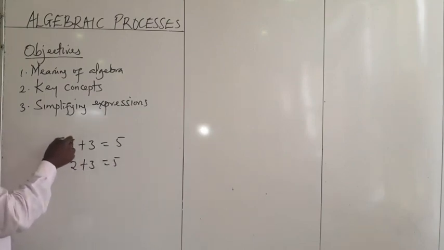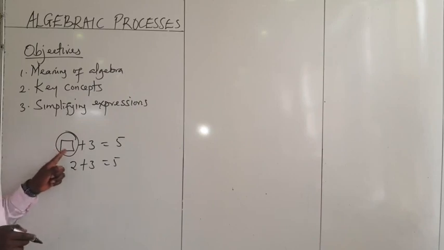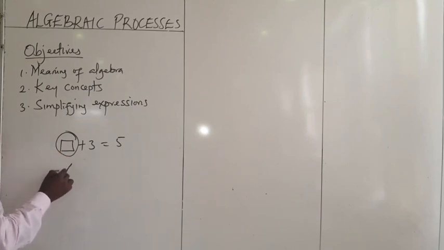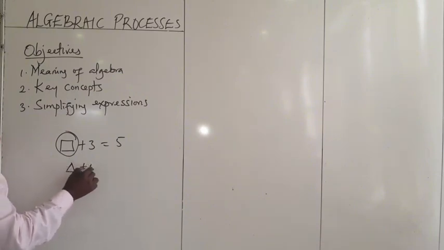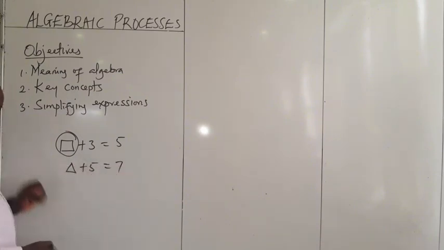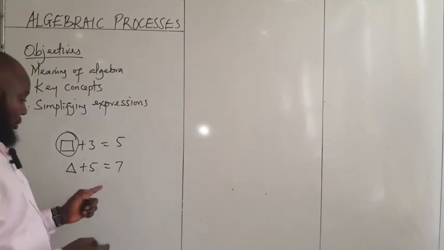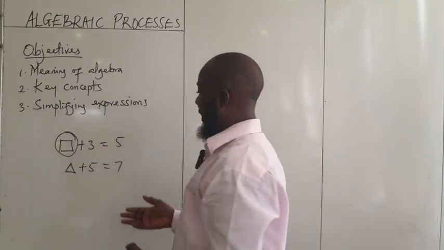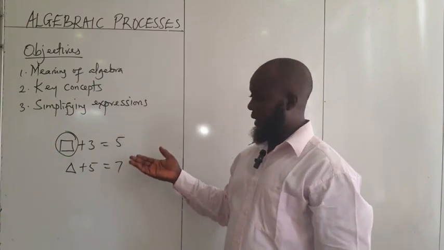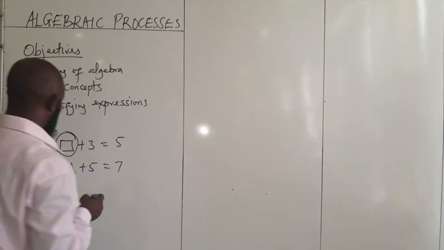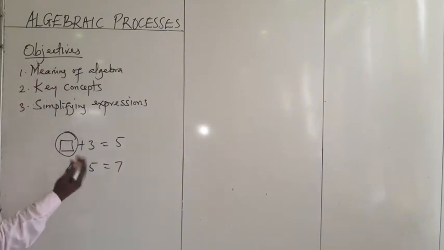So we have used a symbol. Sometimes you see a box plus 5 equals 7. You understand? We have used symbols here to represent numbers. That's what we call algebra. But as you progress along your journey, we change the symbol to letters, and we make use of x and y.